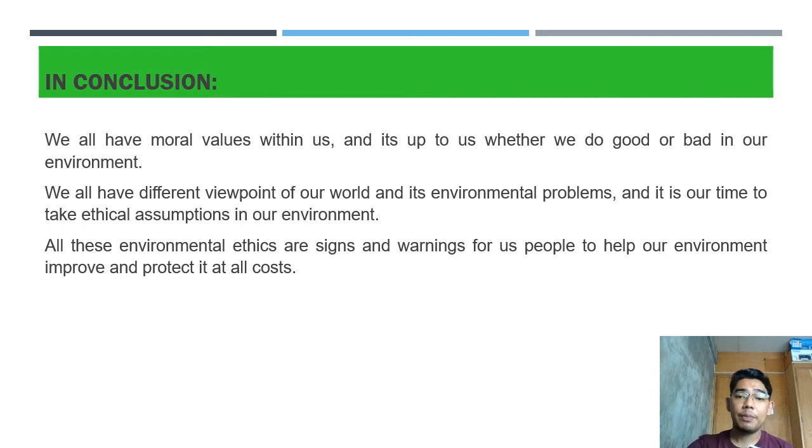We all have different perspectives or interpretations of the environmental issues or problems happening in our society. It is up to us how we help our environment and what ways we will take to protect and improve it.